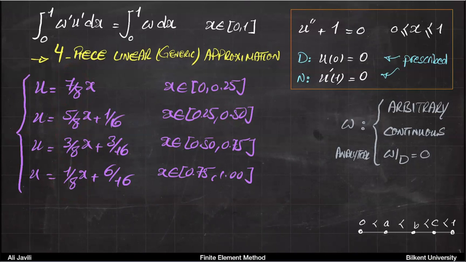So basically what it tells you is that if you also plot the U prime versus X, and then assuming that this is your analytical solution again, and now you have these four pieces which are going to be, let's say, equally distanced.